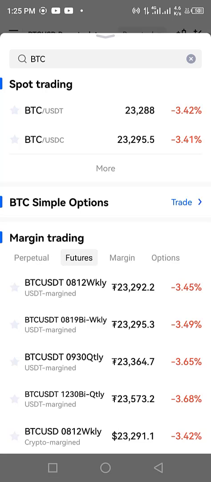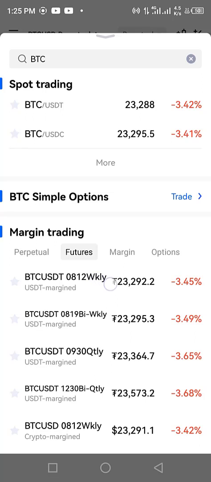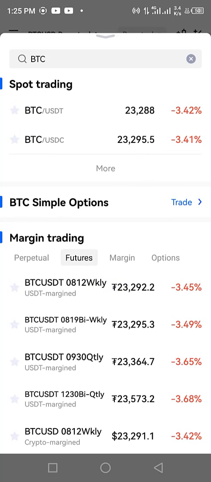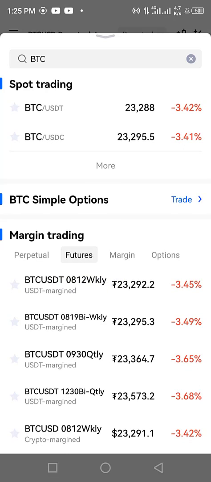A contract is said to be perpetual if it does not have an expiry date, and if it has an expiry date, it is said to be an expiring contract. So the first one here, BTC USDT 0812 weekly, means that this contract is going to expire on the 12th of August 2022. That is this week Friday.